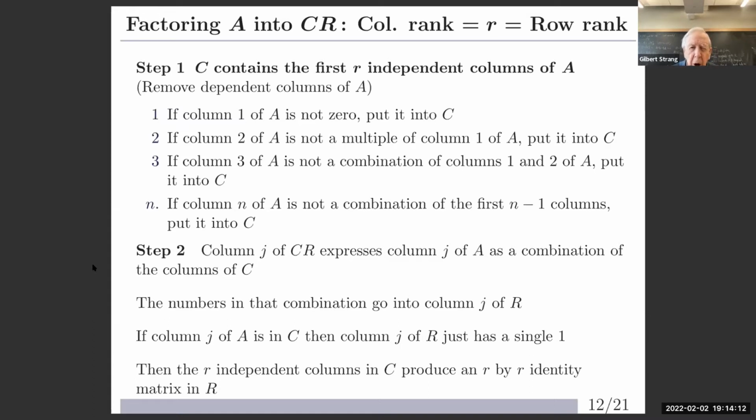And the matrix R tells us what that combination is. I'm multiplying matrices now, C times R. What that does is take combinations of the columns of C, and the columns of R tell me which combinations to choose. Matrix multiplication is more interesting than you think. Okay, let's go to the next slide.